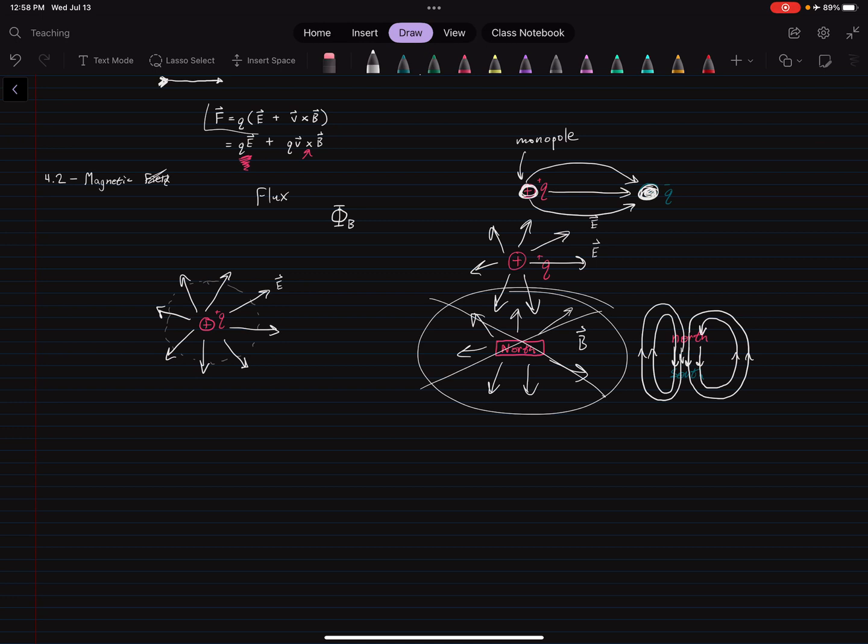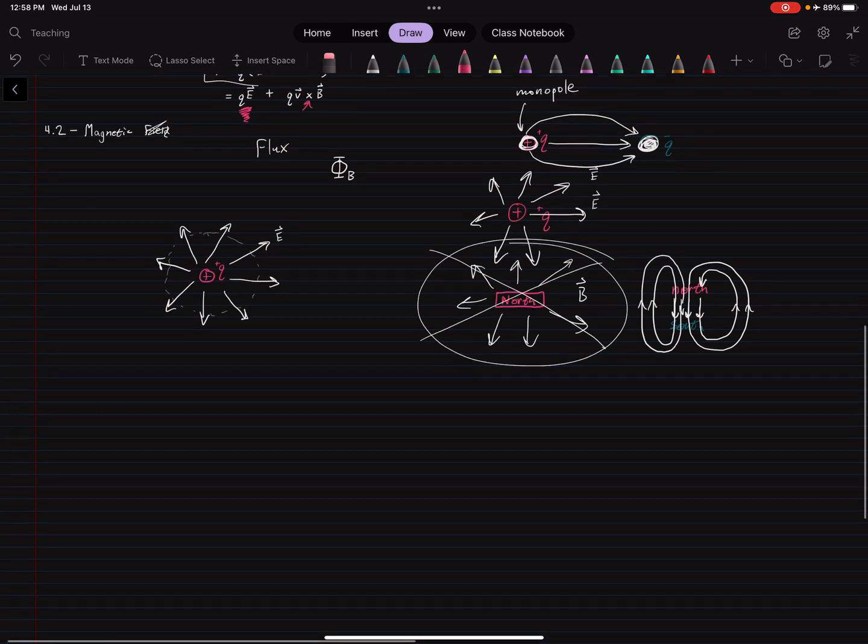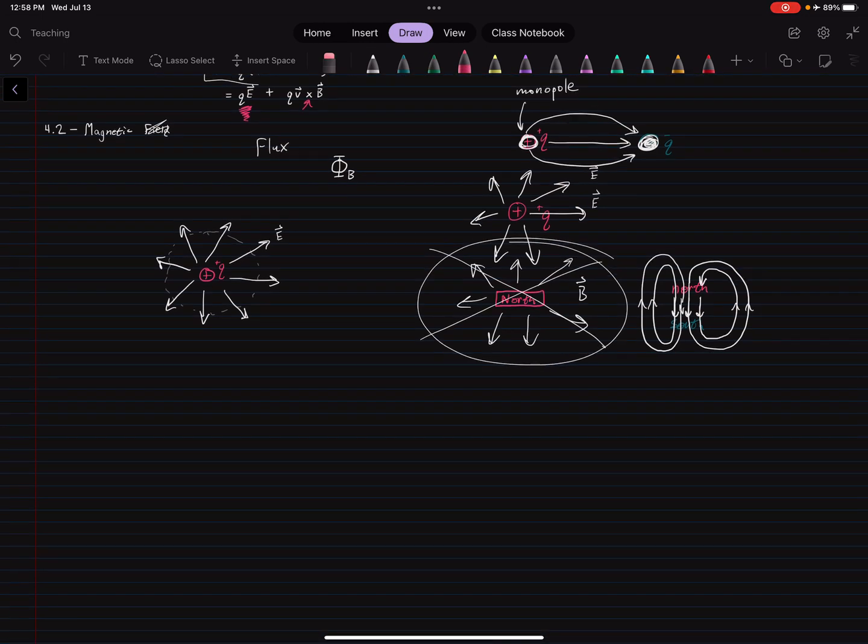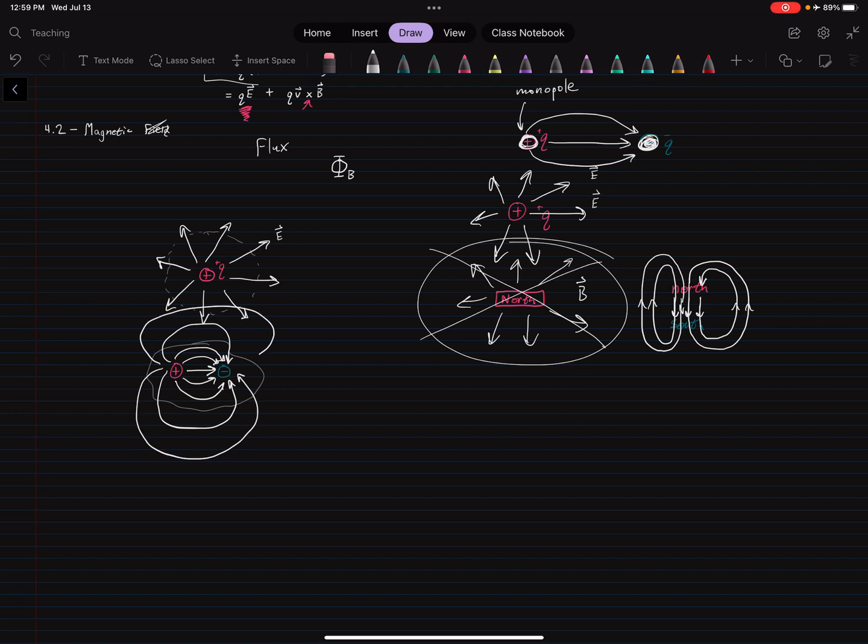But we also talked about the fact that there are situations where there could be no net flux. So if you have a positive charge and an equal negative charge inside your Gaussian surface, this is your surface, so of course we have electric field lines going like this, and then they get wider and wider, and so you can go out to infinity with this.